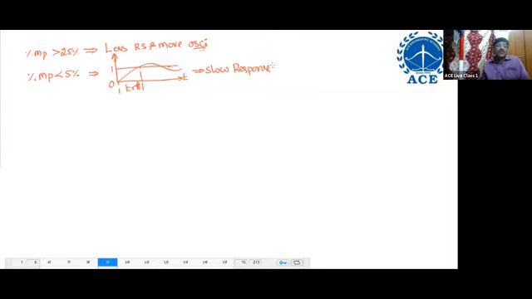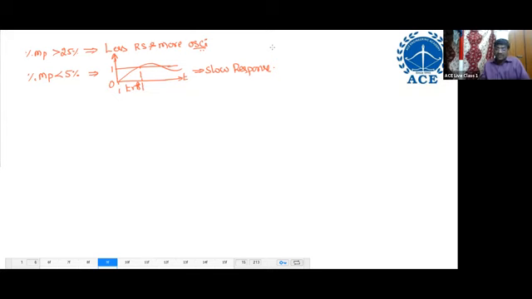That's why the peak overshoot should not be more than 25% and not less than 5%. It is 5% to 25%, which is nothing but a zeta value of 0.4 to 0.7. Okay, right.